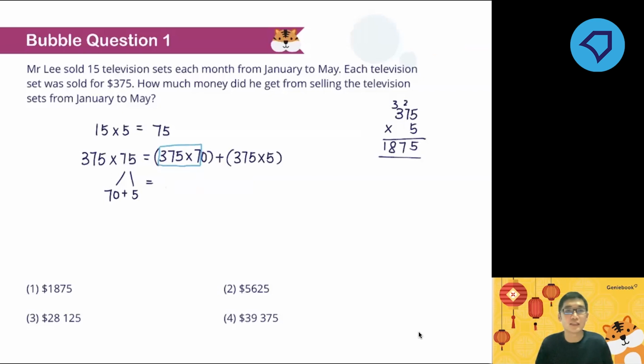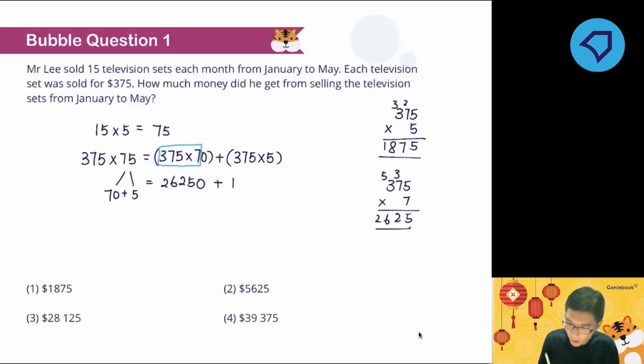You multiply 375 by 7, like this. Then just add a 0 to the back of the number. So that will be 26,250, plus 1,875. So therefore the answer is 28,125. Okay, and that is number 3.